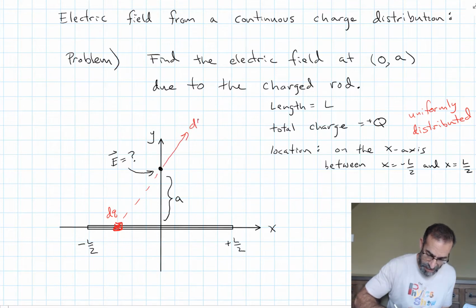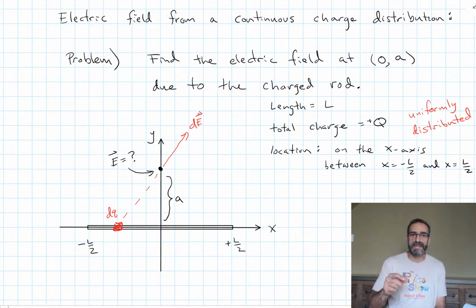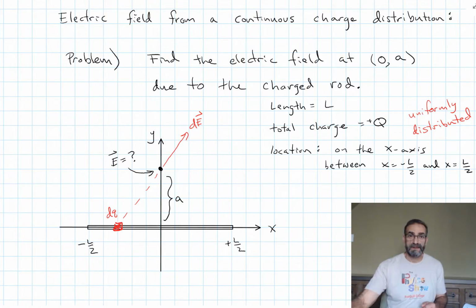We'll call that dE, because that's just a little tiny portion of the total electric field at that location. We have to ask ourselves, what is dE? Well, it's the electric field due to something that we are approximating as a point charge.